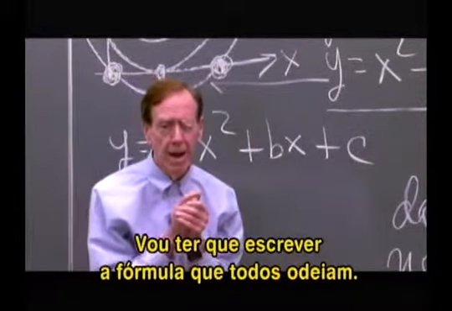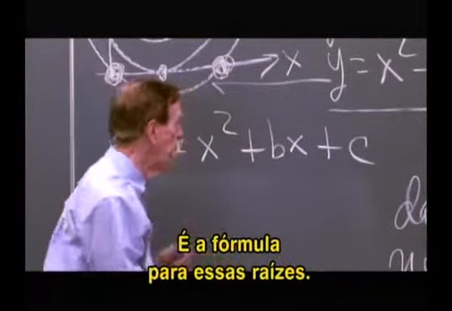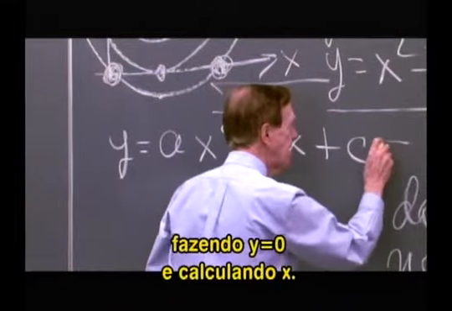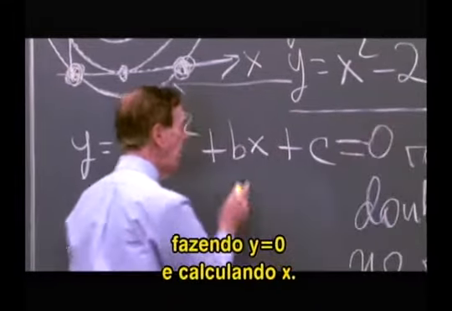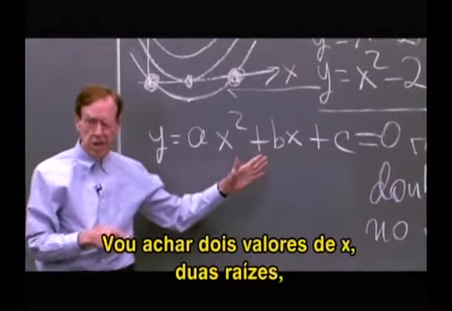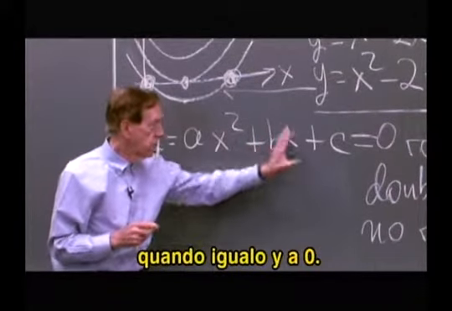In fact, I'm going to have to write down the formula that everybody hates. It's the formula for the roots of this thing. Roots, you remember, I set this to 0, and I look for x. And I'm going to find 2 x's, 2 roots, where this thing comes to 0.